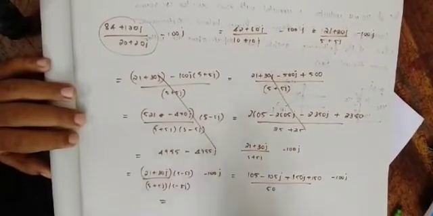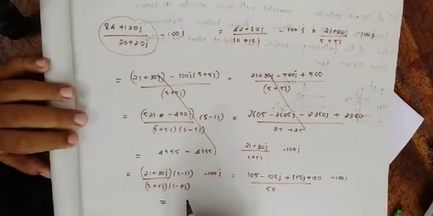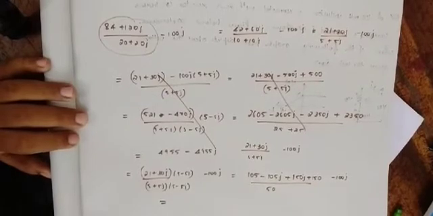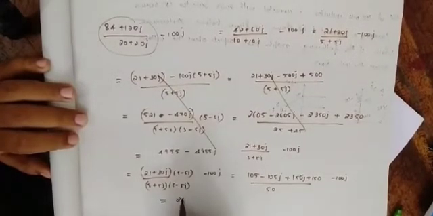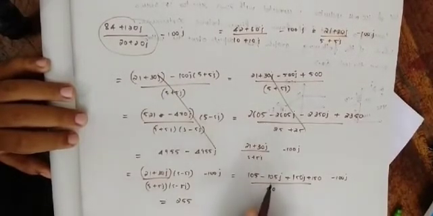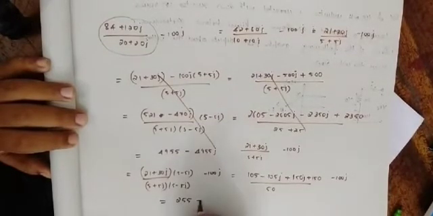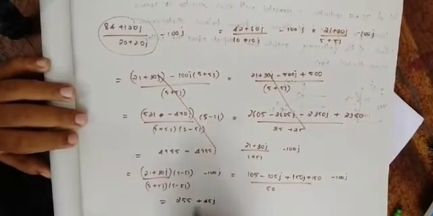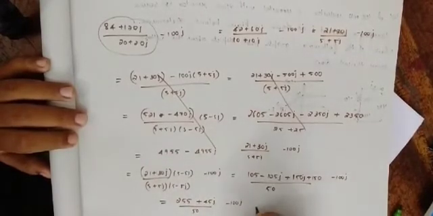So I'll get 105 plus 150, that is equal to 255, and minus 105 minus 150, that is equal to 45j divided by 50 minus 100j. Now I'll take the LCM.